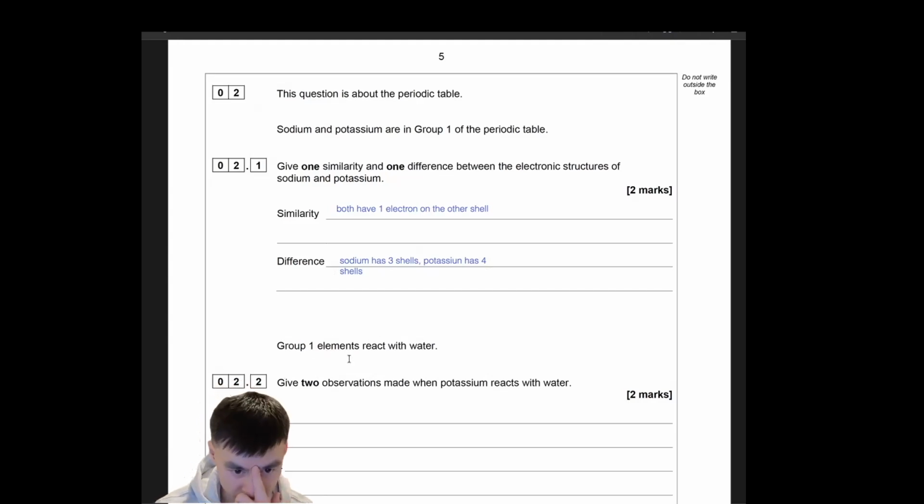Group one elements react with water. Give two observations made when potassium reacts with water. OK，如果你學校有做過 experiment，老師會擺 group one metals 落個 water tank 嗰度，跟住有個 screen。咁就會擺 lithium，會擺 sodium，會擺 potassium，跟住就記得 potassium 係最 reactive 嗰個有個 flame，跟住會周圍走噶嘛個 metal 係咪？咁你咪要寫翻咯。Bubbles are given off。因為我哋係要 something we can see, right?